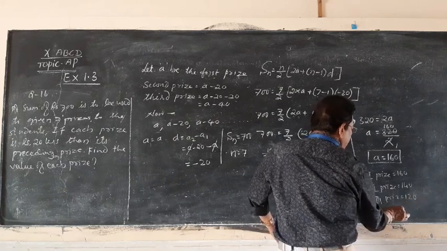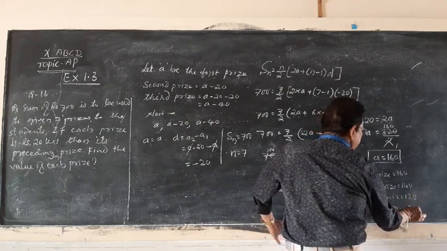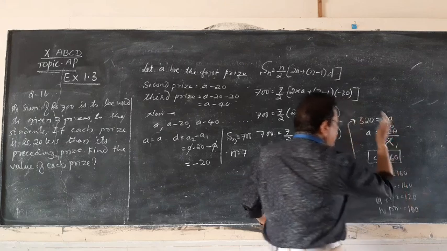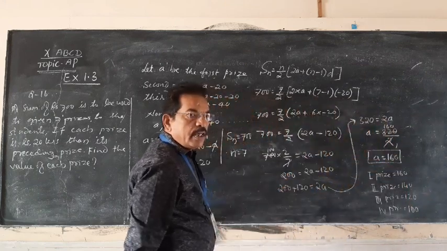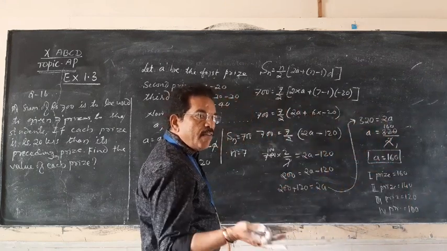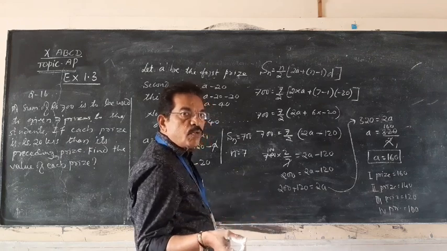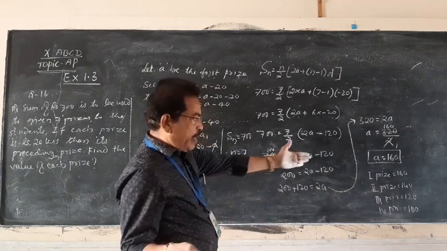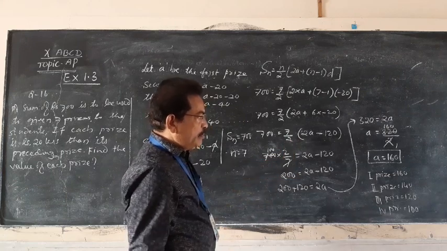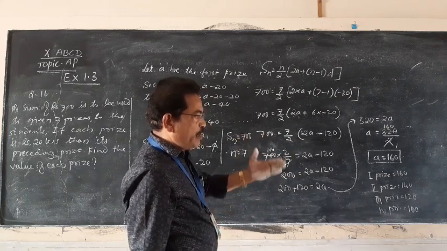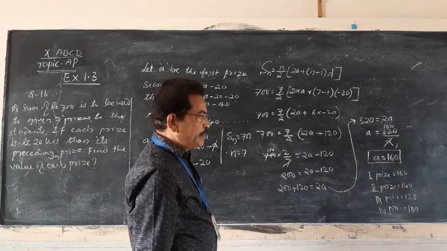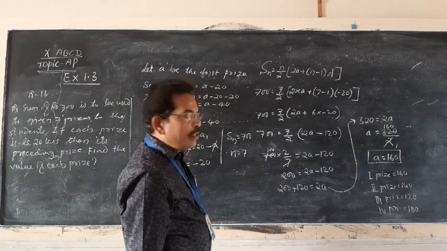Fourth prize, $100. Like this we have to continue writing the prize values. That is 7 prizes we have: 160, 140, 120, 100. Right, done.